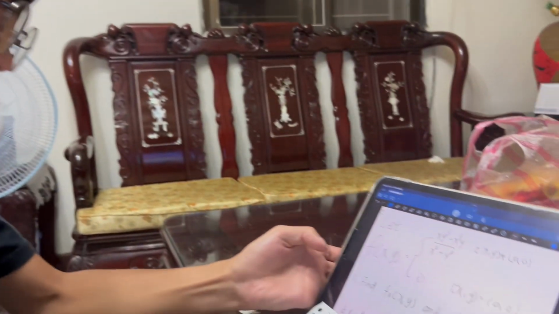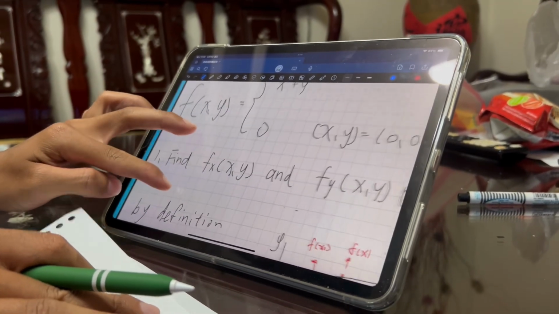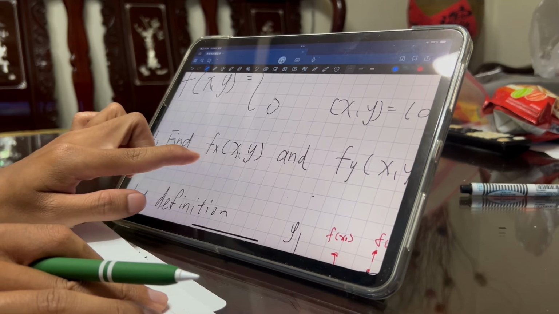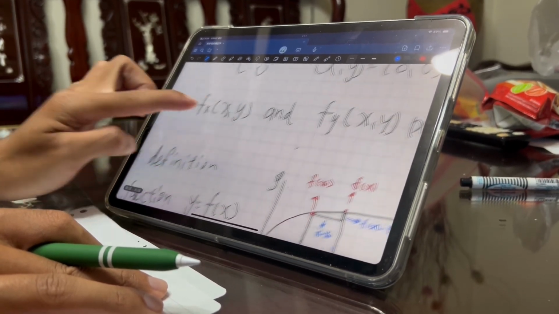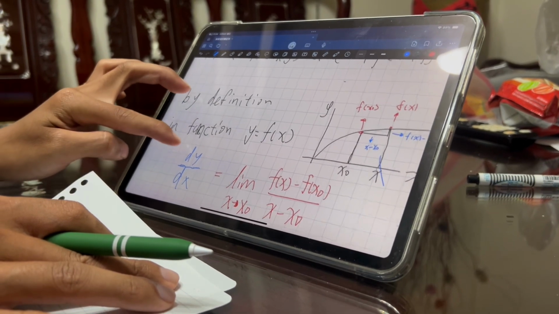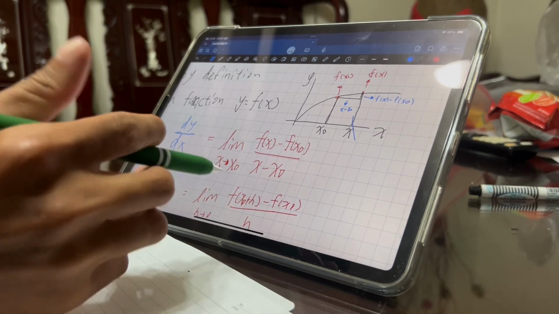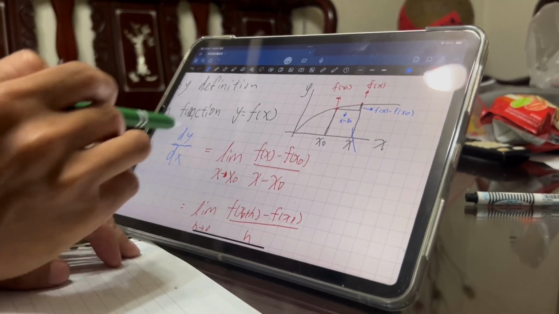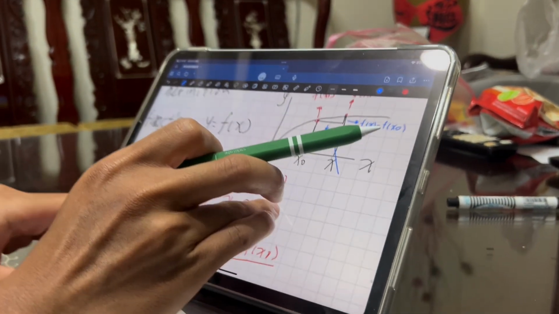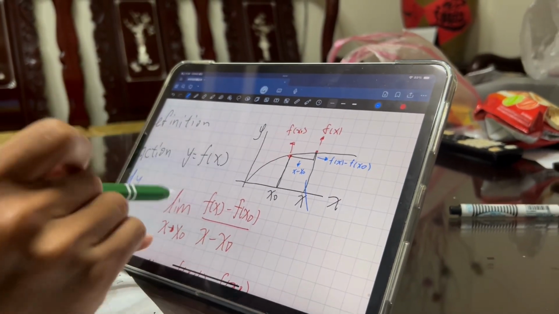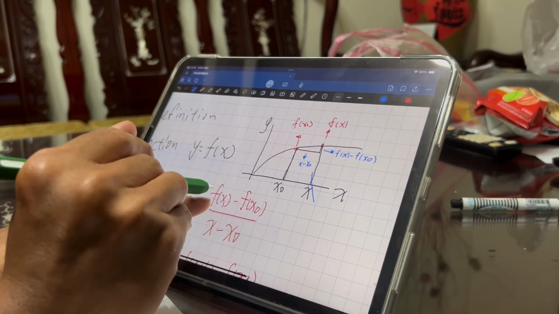Okay, let's see. Problem 2 is this one, and the problem asks us to find the partial x and partial y. By definition, the derivative dy/dx of a function f of x equals the limit as x gets close to x0 of the change in f of x.